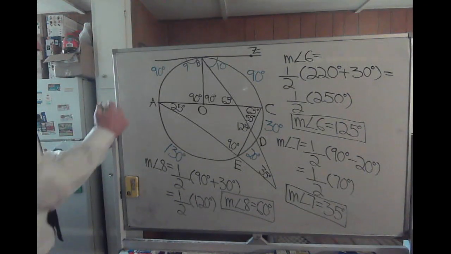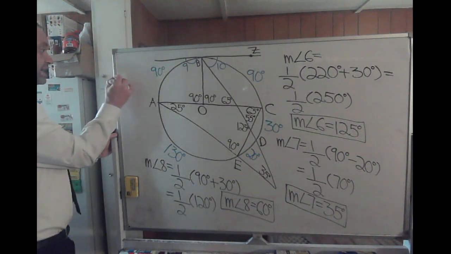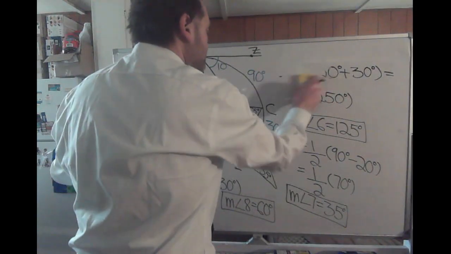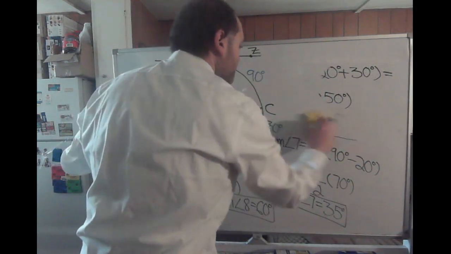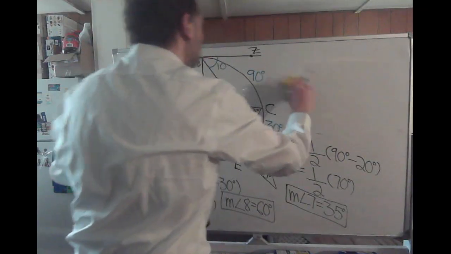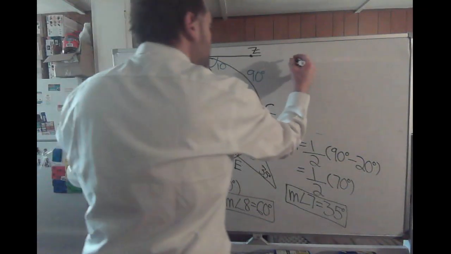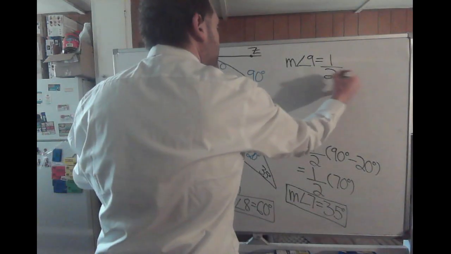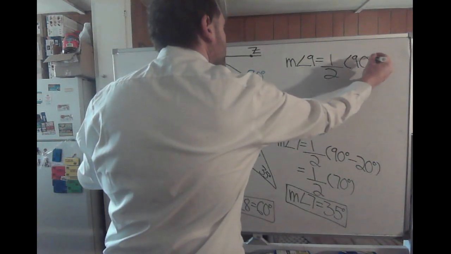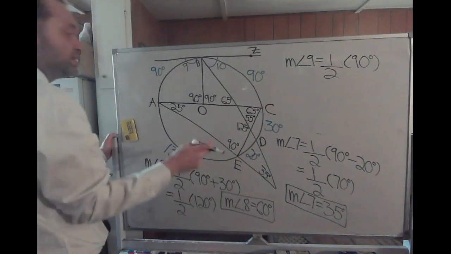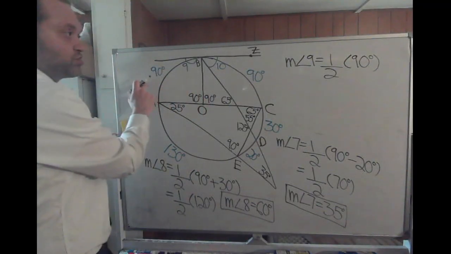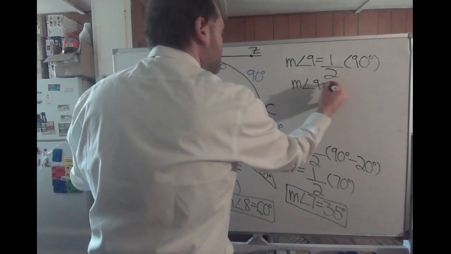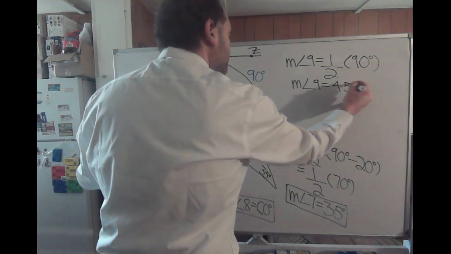So the measure of angle 9, in this case, let me erase this one here since we've already done 6. The measure of angle 9 would be equal to half of the 90-degree arc that it intercepts. Since it's formed by a tangent and a chord, it's equal to half of the measure of the arc it intercepts. So the measure of angle 9 would be equal to 45 degrees.